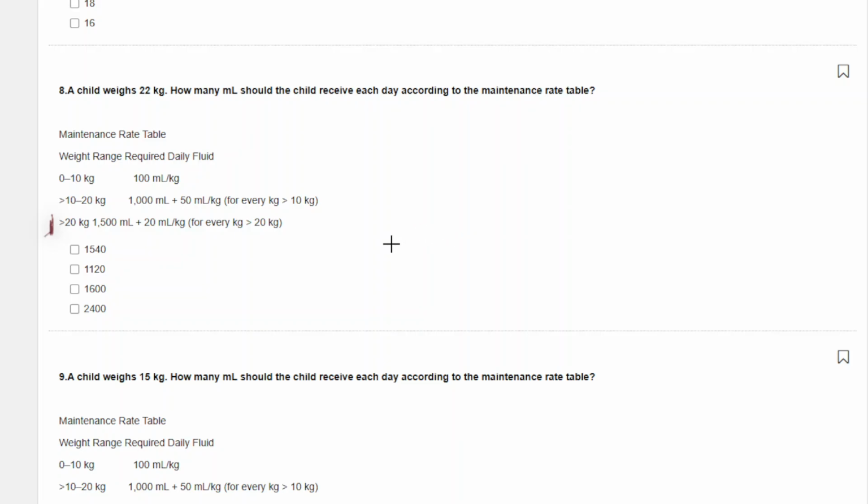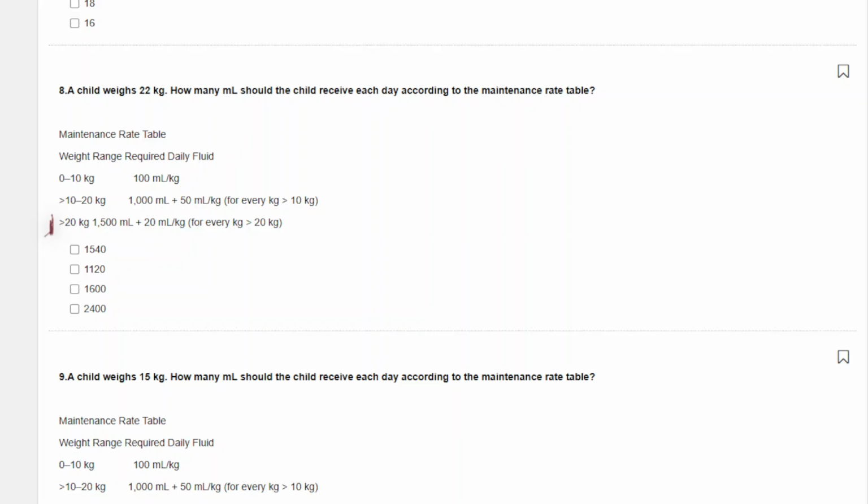The easy way to find the maintenance fluid, if your weight is not in kilogram, bring that to kilogram. So we are giving 1,500 milliliter plus 20 milliliter per kilogram for every weight that goes above 20. Be careful. This does not mean go get the 20 multiplied by 22.